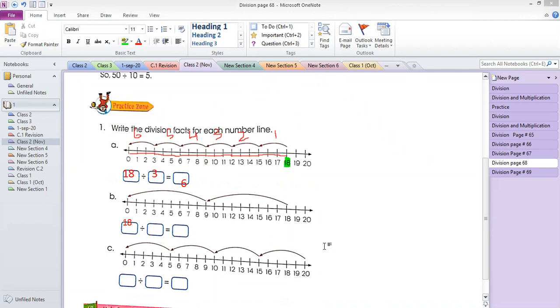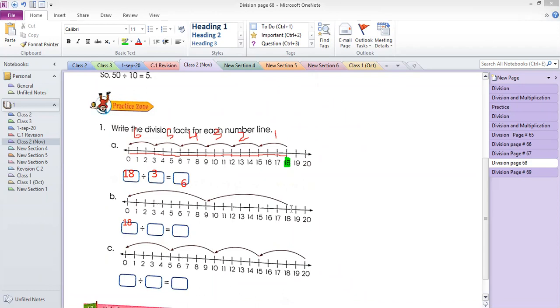8, 8, 8. Very good. Why are you saying 8, guys? Most of the students are saying 8.